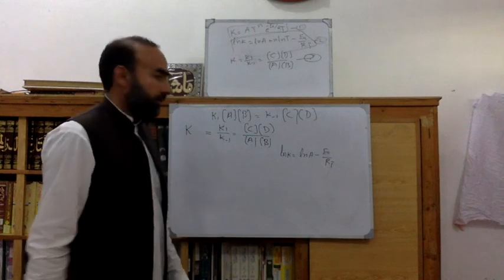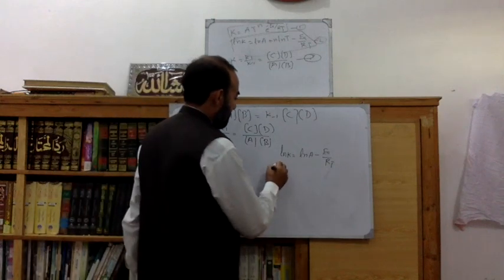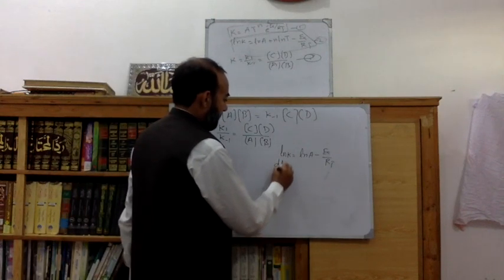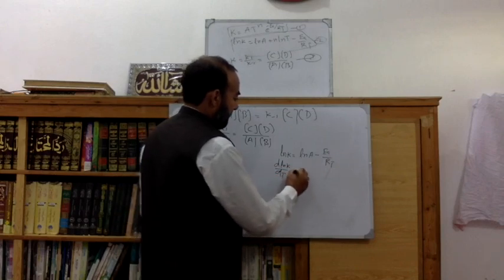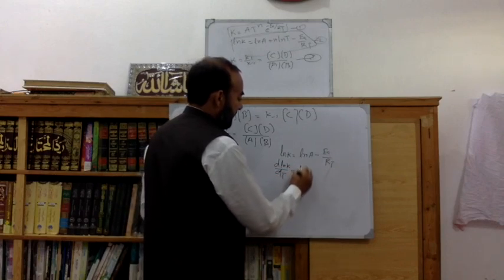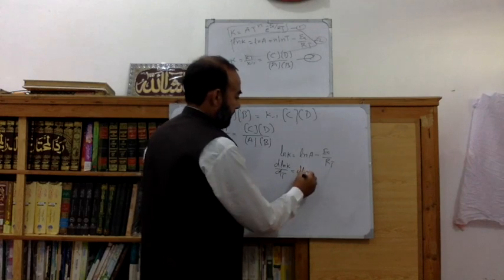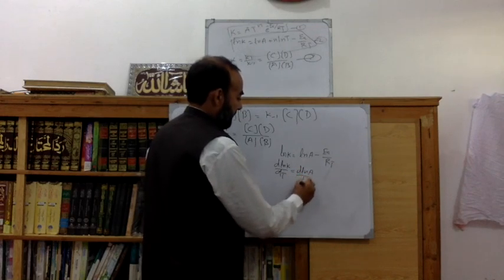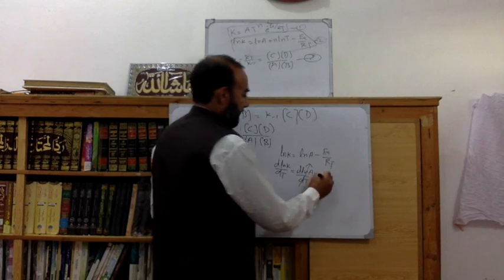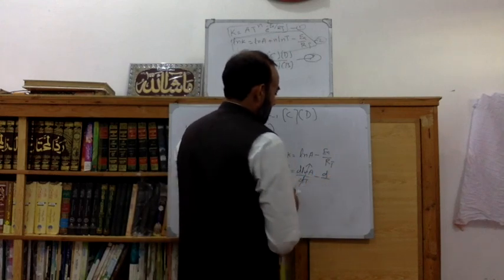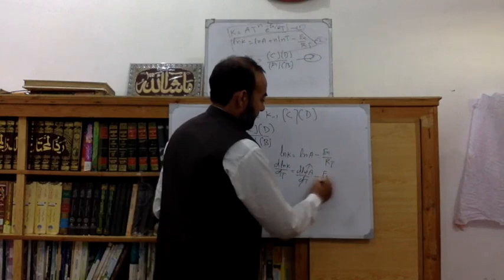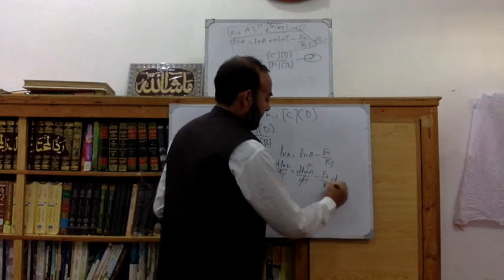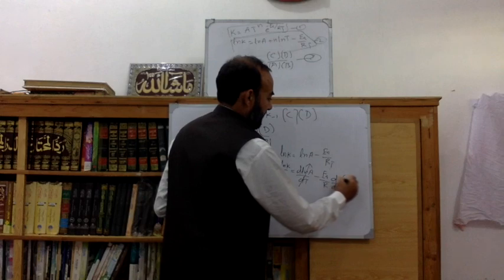Just differentiating this equation with respect to temperature, d ln K over dT is equal to d ln A over dT, which gives you 0 because this is a constant, minus Ea over R, since we have to take the constant outside, and we have to differentiate d over dT of T inverse.